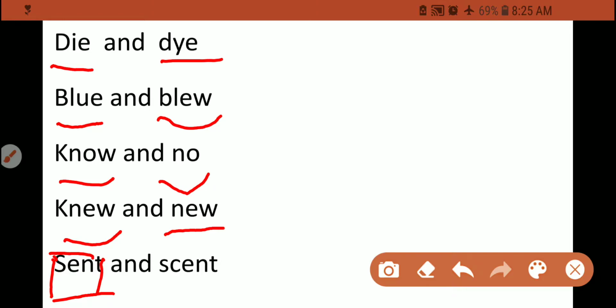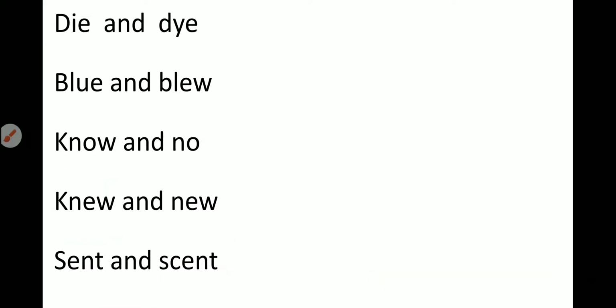And this second scent means a fragrance coming from someone. Not like a smell, but a pleasant smell coming from someone. A pleasant smell coming from an environment. Scent is so beautiful. You smell good. Okay? So it's a pleasant smell coming from somebody. Not a foul smell, but a pleasant smell coming from someone.